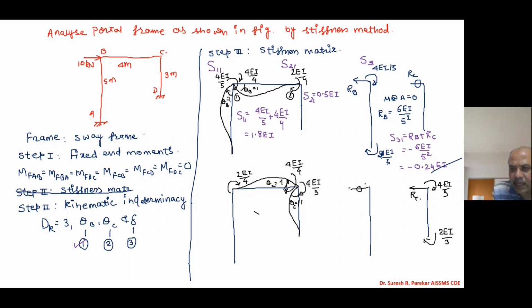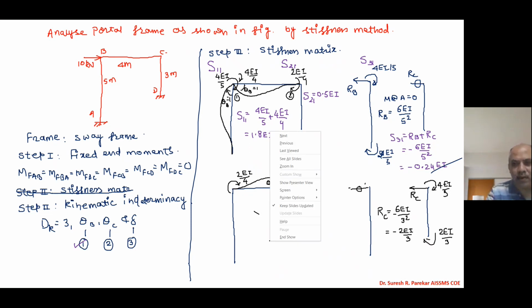To balance it, RC will develop anti-clockwise, and adding these two, we have 6 EI upon 3 square, and we will get it again with a minus sign, minus 2 EI by 3. Now we will go to the stiffness coefficient numbers.